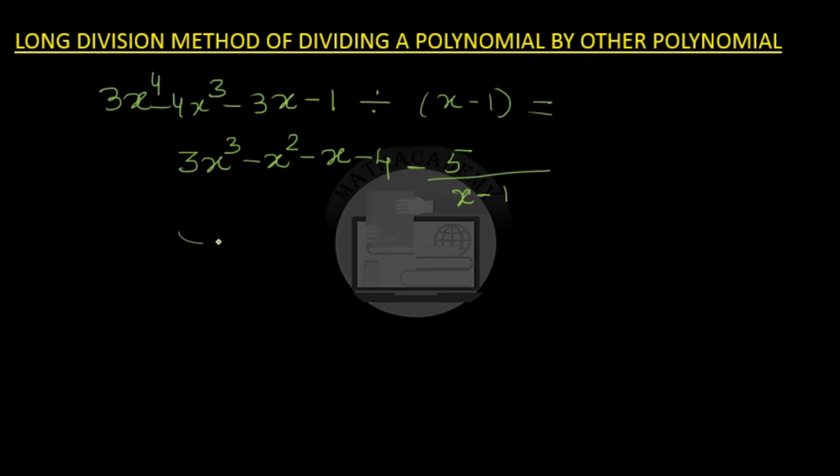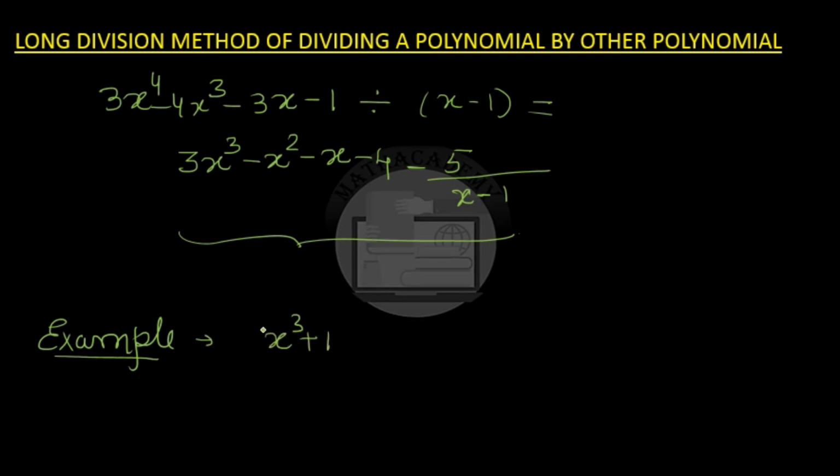So this is the result which we obtain by dividing these two polynomials. There is one example, or rather a question, which you can try: dividing x cubed plus 1 by x plus 1.